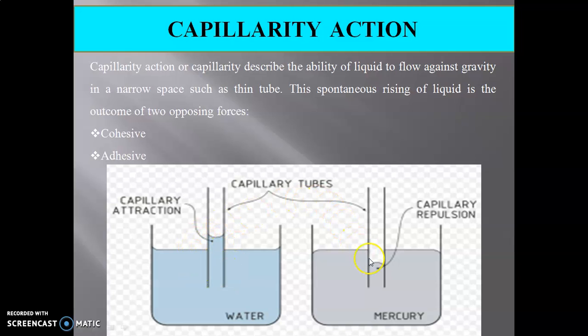And this is vice versa for the mercury, because here the cohesion force is greater than that of the adhesion. So the height of the liquid at the contact area is lower than its height at the center of the tube.